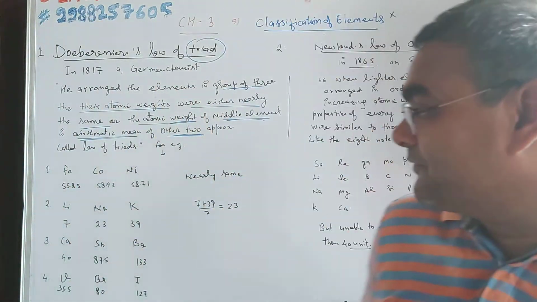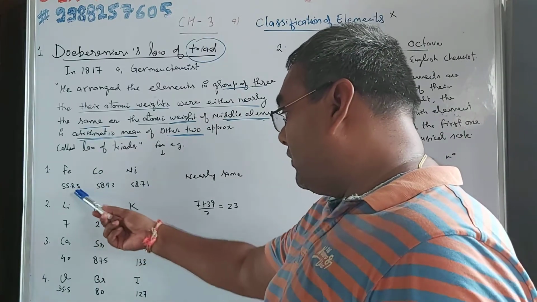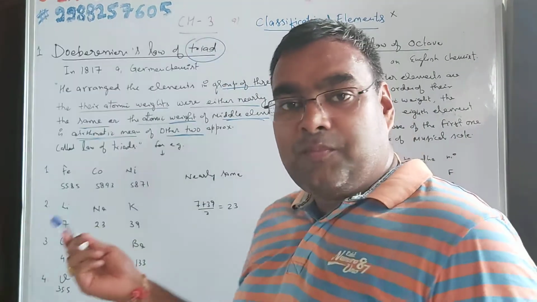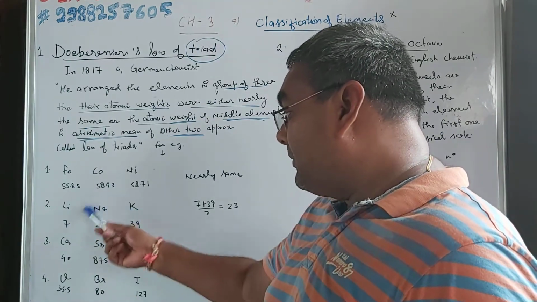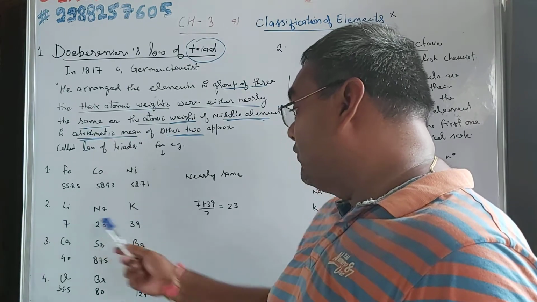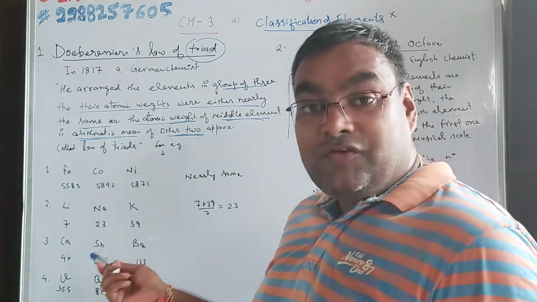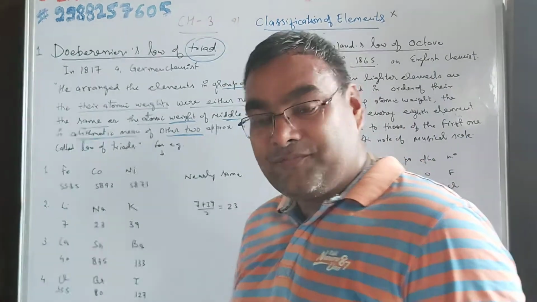For example, iron, cobalt, nickel all have the same atomic masses, and their properties are also almost the same. Lithium, sodium, potassium: the atomic mass of potassium, the middle element, is the arithmetic mean of the other two, and all three have the same characteristics. As you know, these are the alkali metals.